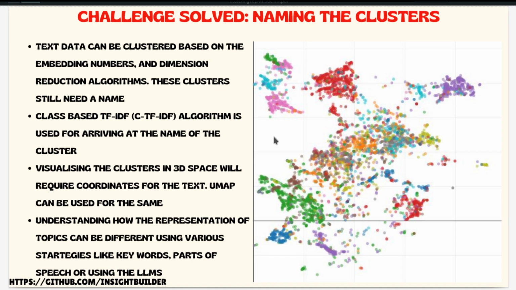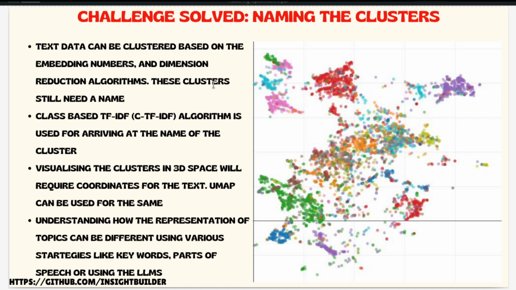So how do we convert the documents into something that is readable by a machine? Converting the documents into something readable by a machine, we already saw. We can do the embedding and convert it into numbers. But after you convert it into numbers, that is vectors of 384 length, how are we going to make the machines understand it? That is where the idea of reducing the dimensionality comes into the picture.